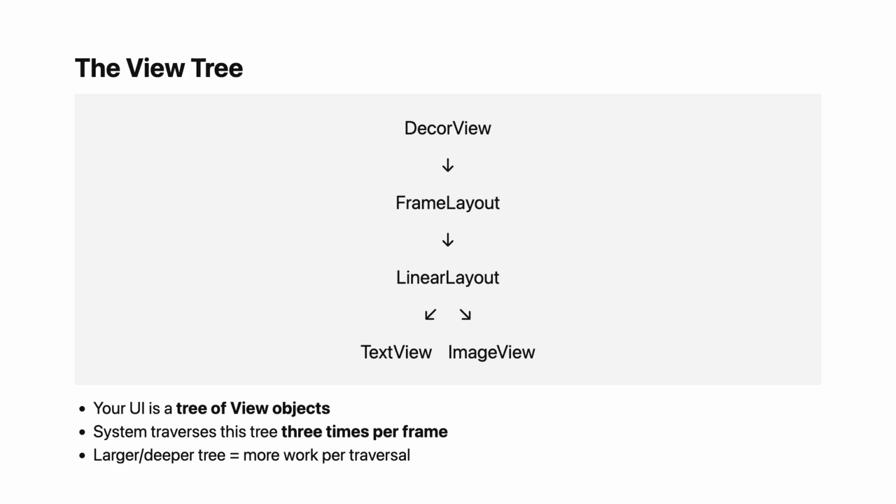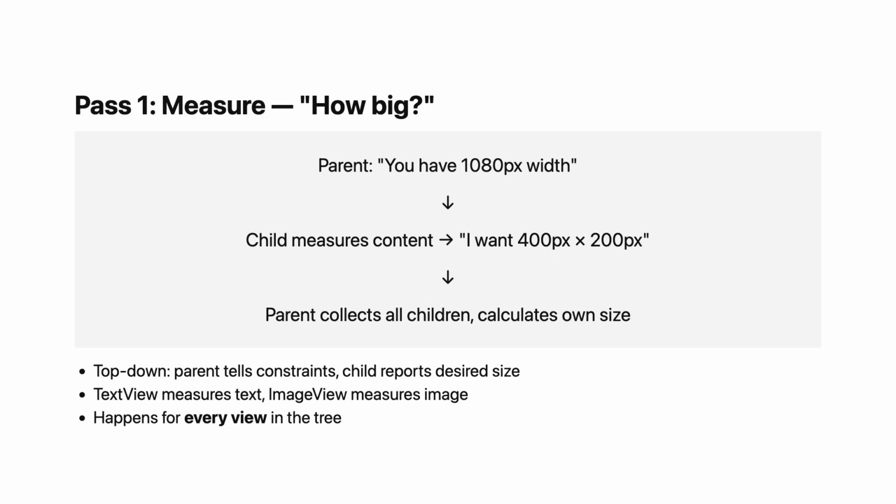The first pass is measure. The question being answered is, how big should each view be? This starts at the root. The root view is told by the system you have this much space available, the full screen minus the status bar and navigation bar. The root then asks each of its children, given this much space, how big do you want to be? Each child calculates its desired size based on its content, its layout parameters, and the constraints from its parent.